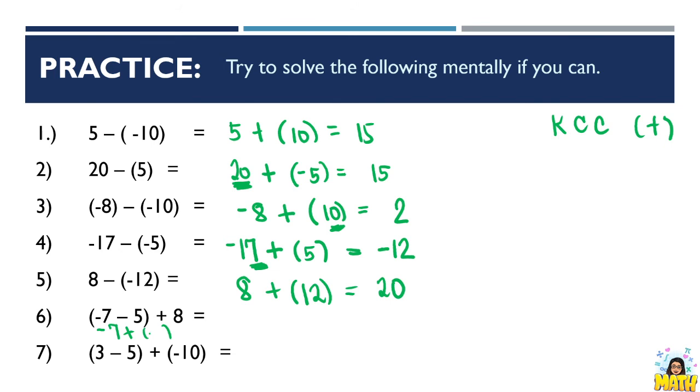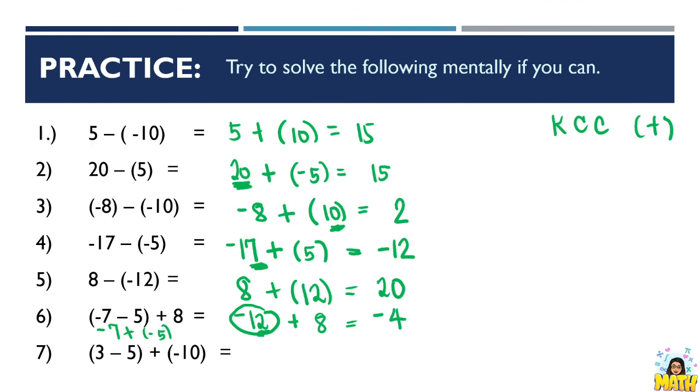That will be negative 5. So negative 7 plus negative 5, that is negative 12 plus 8. So negative 12 plus 8, it will become 4. Copy the sign of the higher absolute value, that's negative 4.